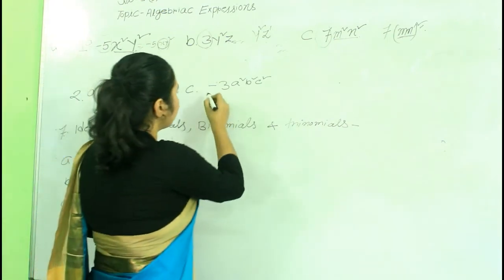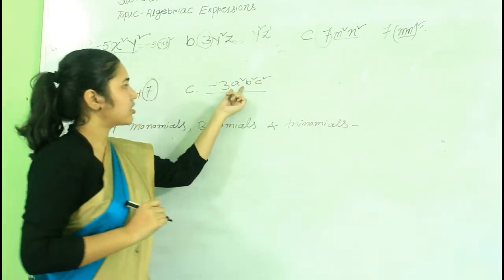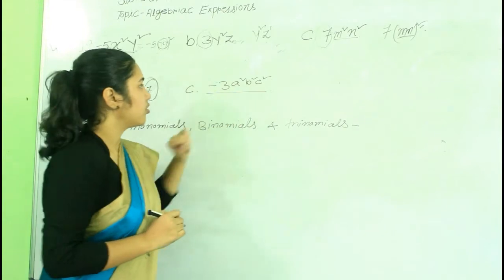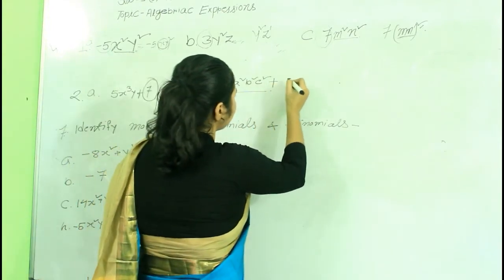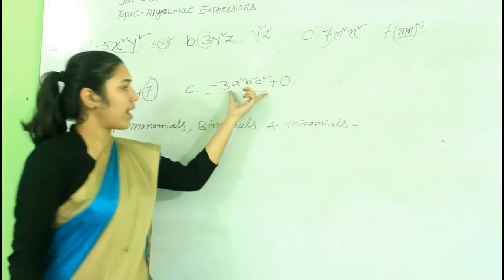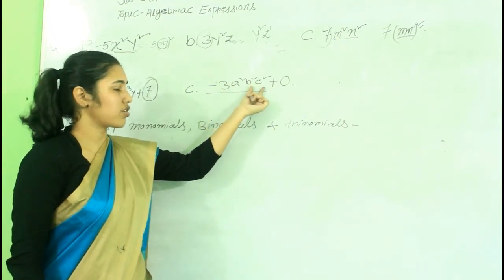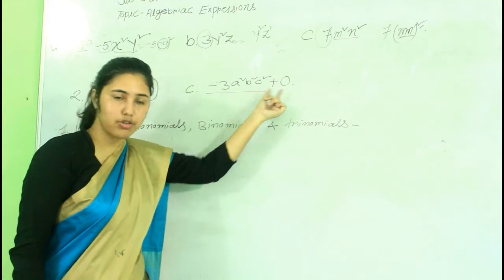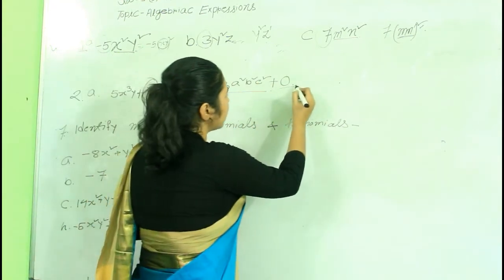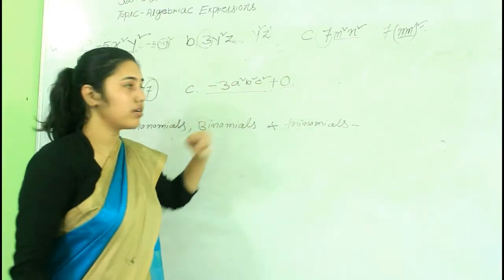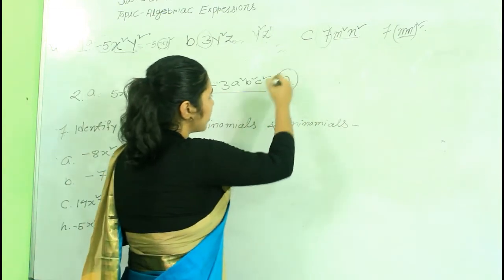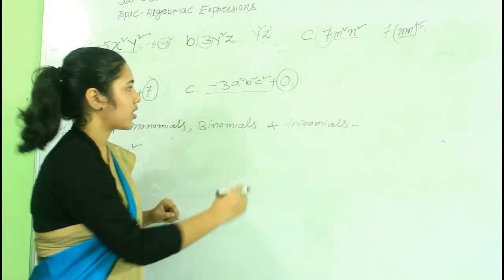Now here minus 3 a square b square c square, which means you can write this expression as minus 3a square b square c square plus 0. Okay? So in this case the constant term is 0. Okay?